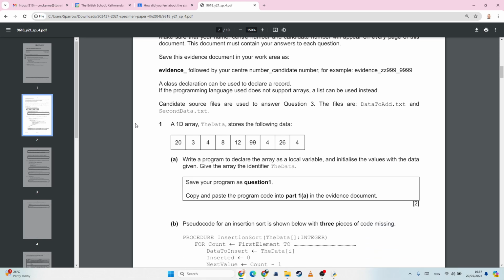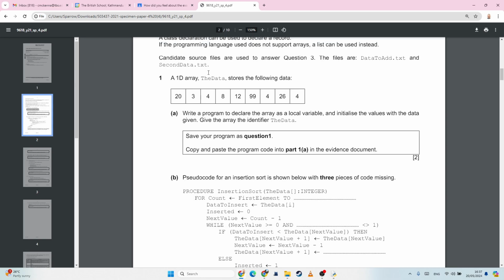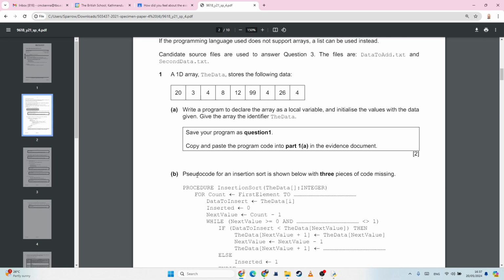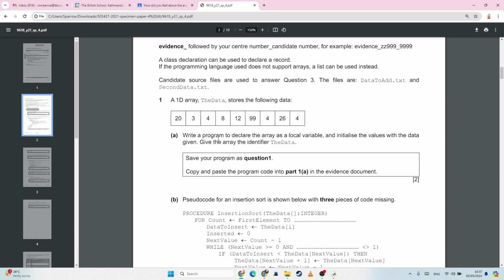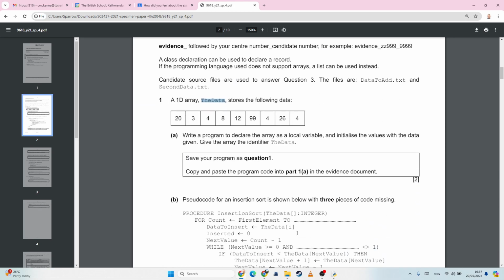Okay, so first thing I've got to do is add a 1D array called the data. And that's easy enough. Now, again, because we're using Python, we have to be a little bit careful, because declarations and stuff we should be doing at A-level, but Python doesn't have declarations.